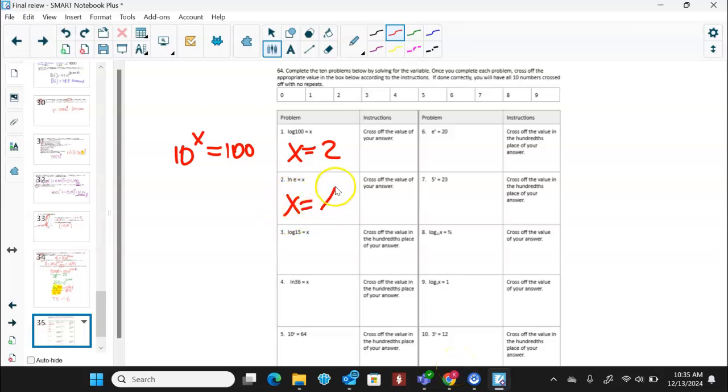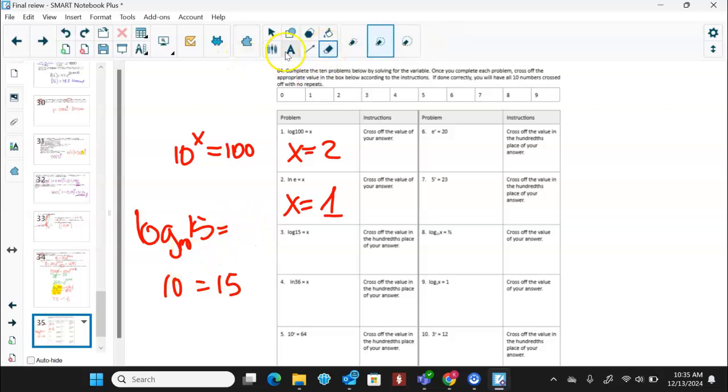So x equals 1. Next one, again, you could convert that because this is log of 15. This is 10, 10 to the x equals 15. Oops, x, not 1. I'm sorry. All right. 10 to what power of x equals 15?